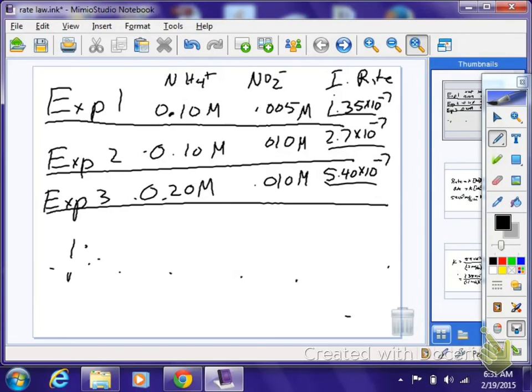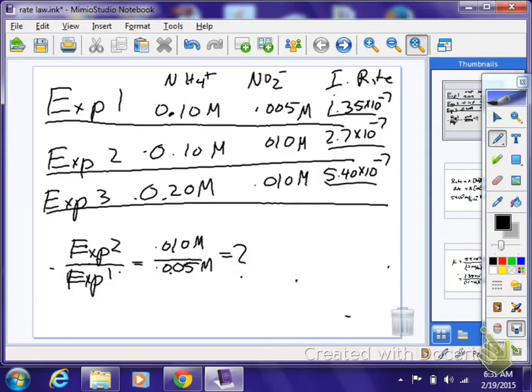So we'd go experiment 2 divided by experiment 1, and we would look at their concentration. So it would be 0.010 divided by 0.005 molarity. That's their concentrations, experiments 1 and 2. And we get a value of 2 out. So it's two times as great between those 2 experiments.